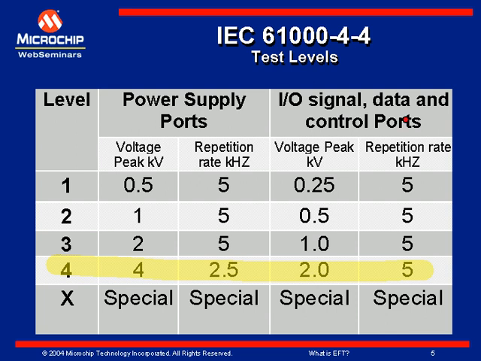And for this testing, you need to use a different kind of test setup that we'll see in an upcoming slide. But in that case, the peak voltage reduces to 2 kilovolts rather than 4 kilovolts, and the repetition frequency is 5 kilohertz instead of 2.5 kilohertz. And depending on the levels, the peak amplitude will change.